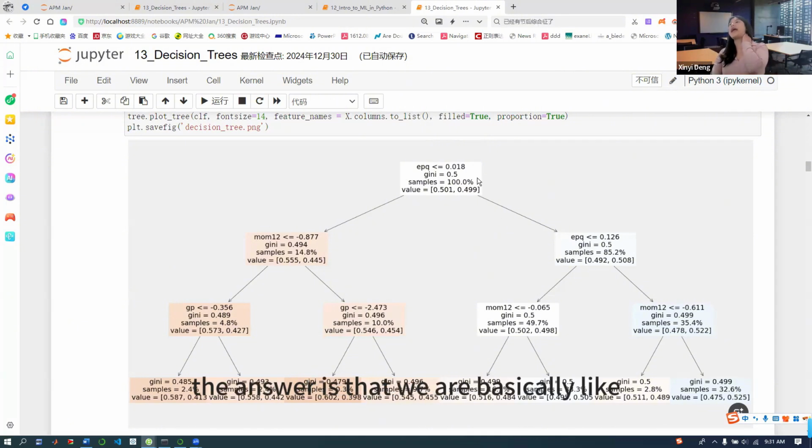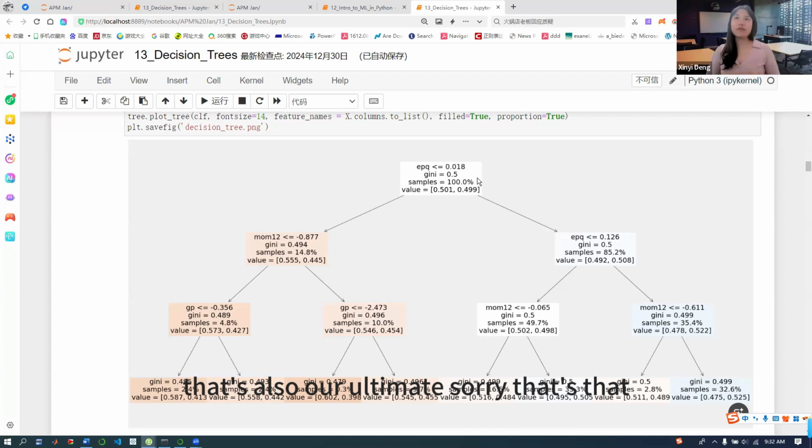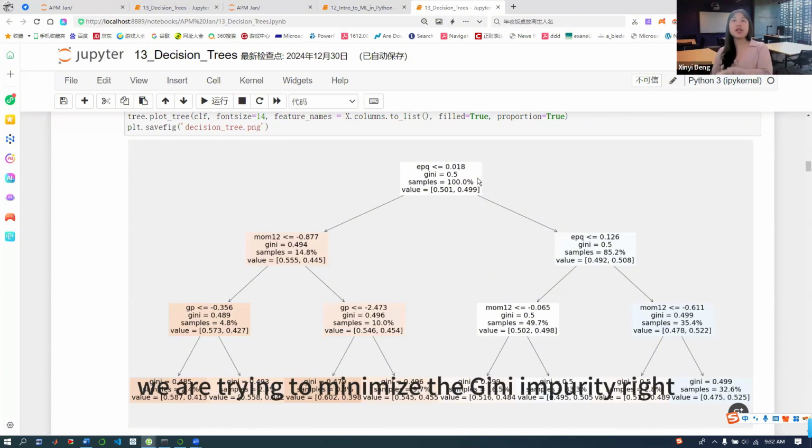So the answer is, remember our ultimate goal is to reduce Gini impurity, right? To achieve that ultimate goal, we're trying to minimize the Gini impurity.